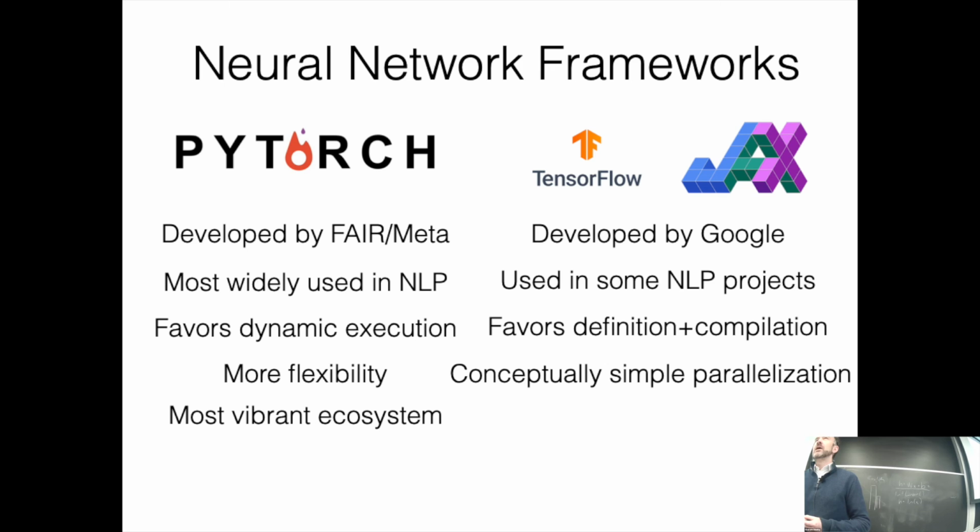PyTorch supports defining and compiling, and JAX supports more dynamic things, but the way they were designed favors dynamic execution or favors definition and compilation. The difference is that one gives you more flexibility, and the other gives you better optimization and more speed.